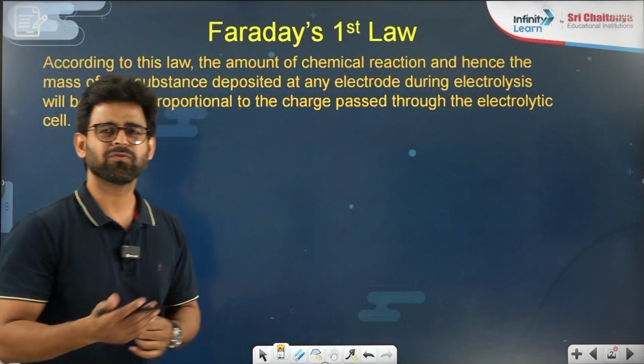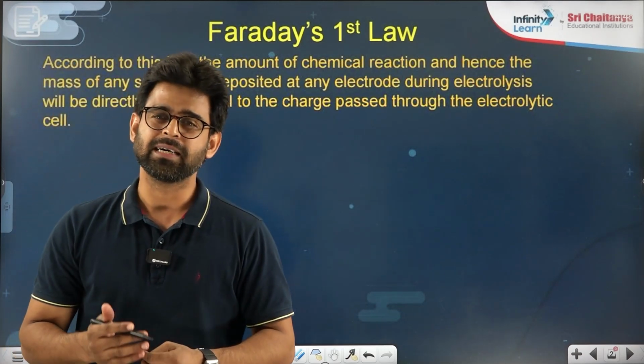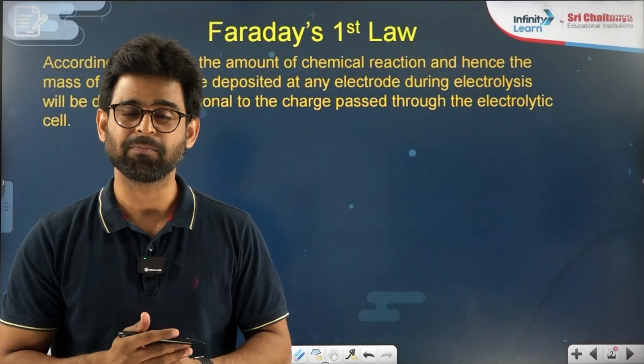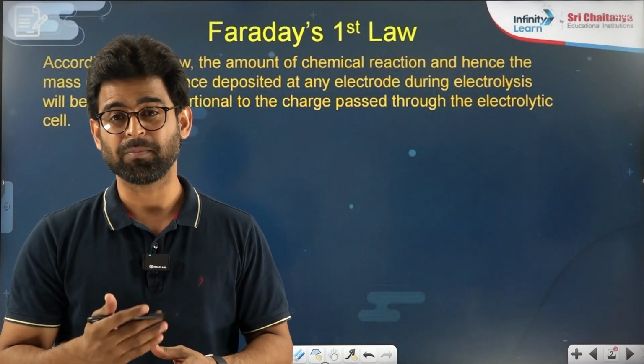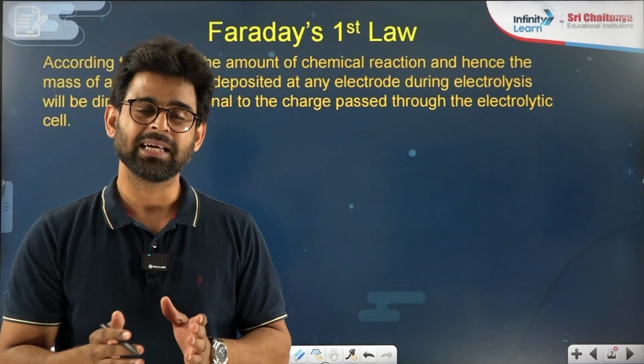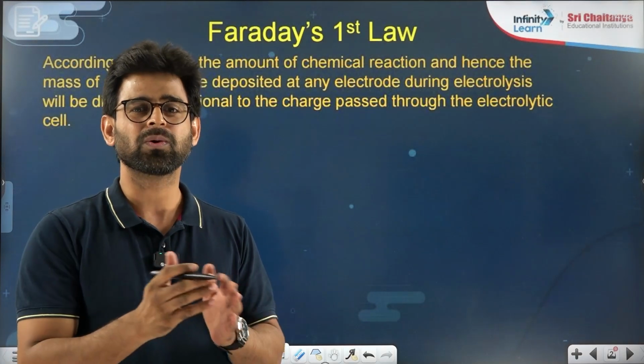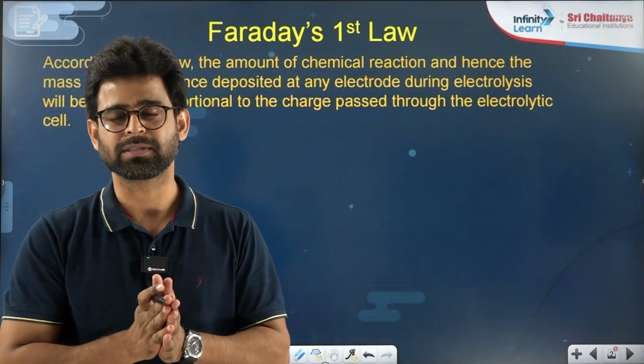So what is the first law of Faraday? In electrolysis, in our electrolytic cell, we pass current or charge through the cell, and this charge is responsible for the reduction or oxidation at both electrodes.